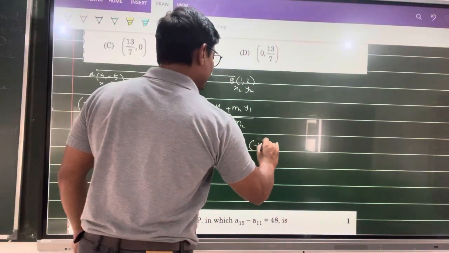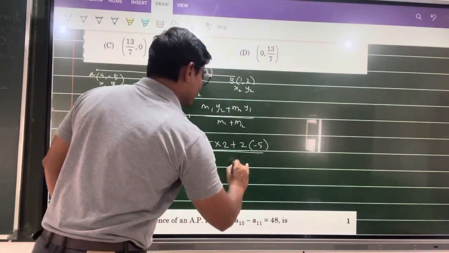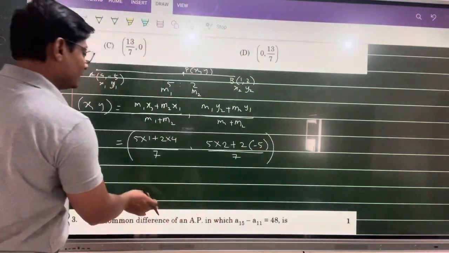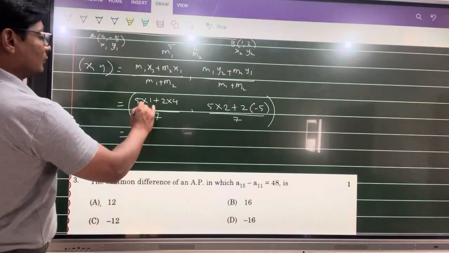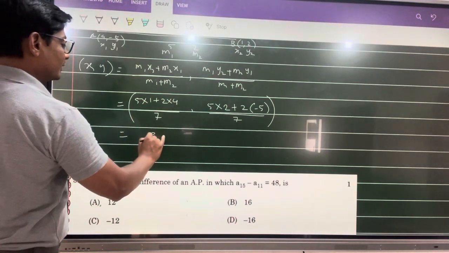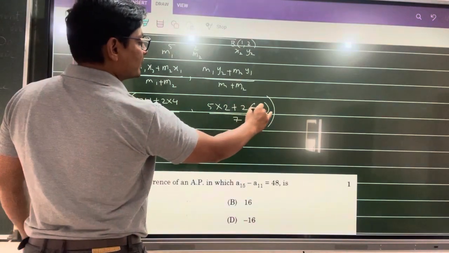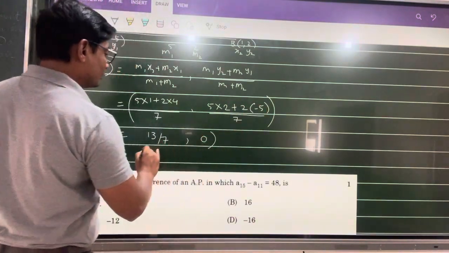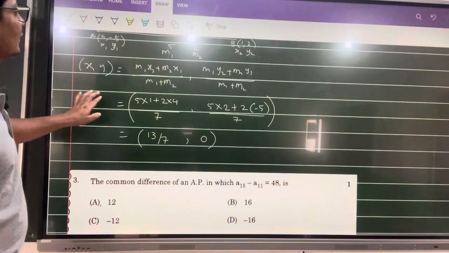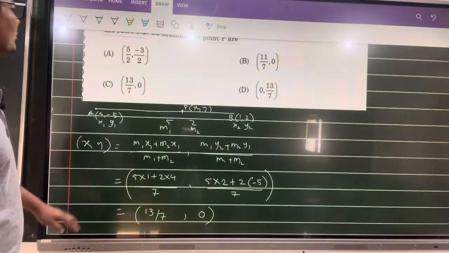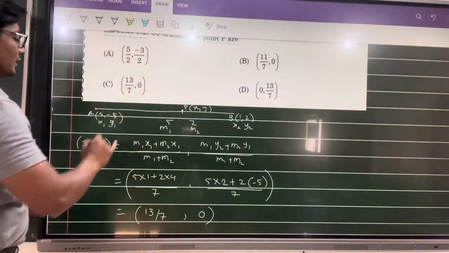Okay, so therefore here it is again 7 in the denominator. Now simplifying this, 5 plus 8 is 13, 13 divided by 7 here, and 10 minus 10 is going to become 0. So therefore the coordinates are 13 by 7 and 0. So 13 by 7 and 0 is option number C.